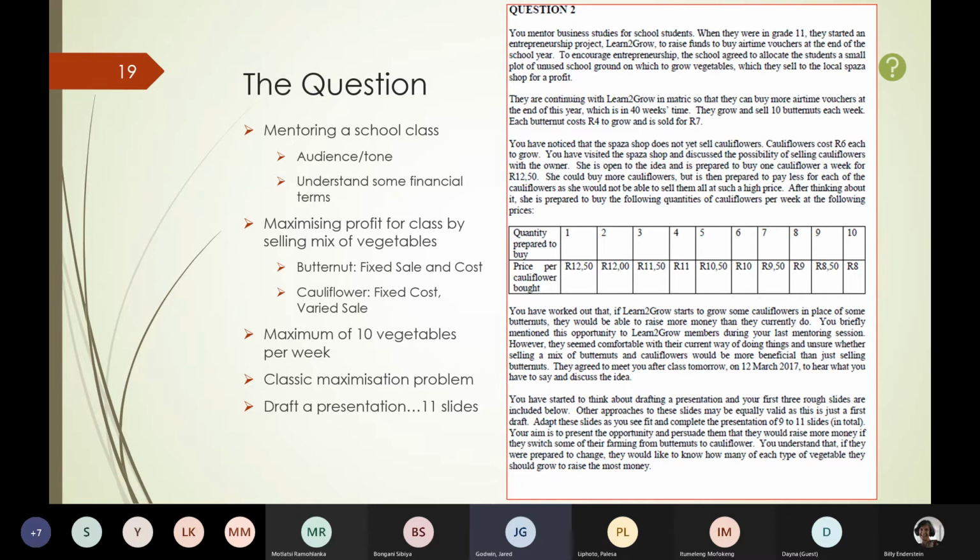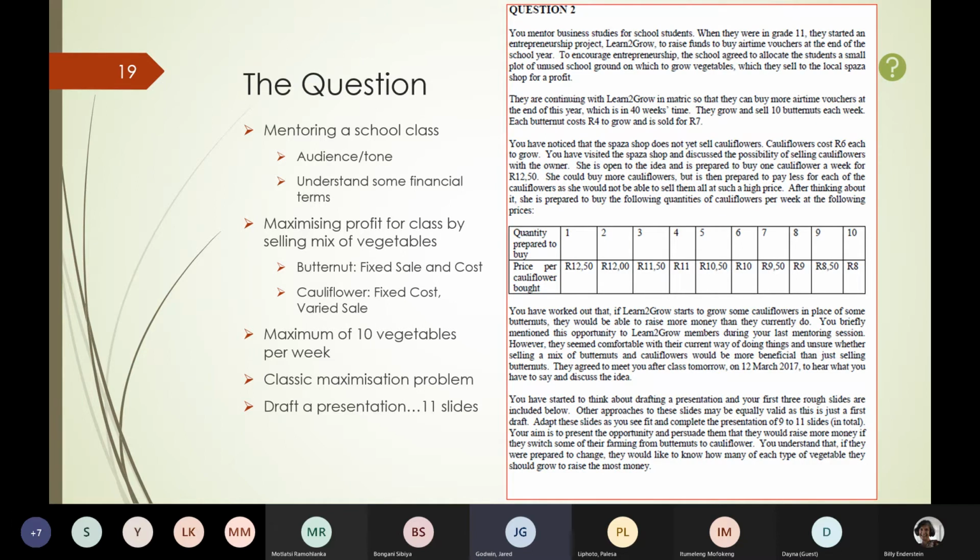The goal was that they want to maximize profit for the class by selling a mix of vegetables. They used to sell butternuts, which had a fixed sale price and a fixed cost price. Now your goal is to convince them that introducing cauliflower, which has a fixed cost price but a varied sell price, as the table shows, where the more you sell, the lower the sales price per unit, could possibly maximize your profit.